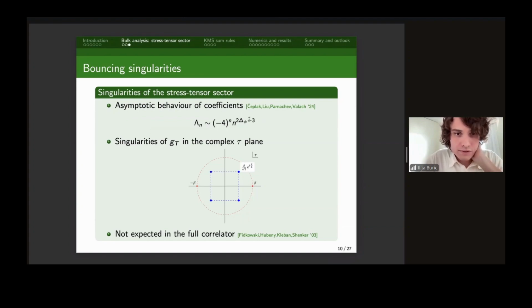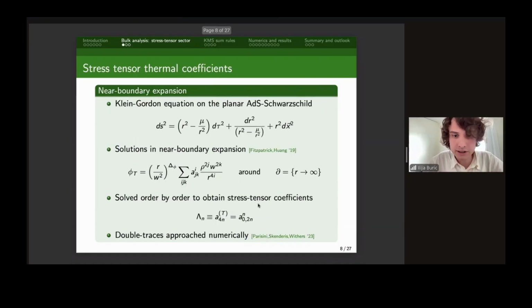So what was noted in this paper from last year was that when you compute a lot of these coefficients, so I didn't say, but a particular subset, these coefficients with indices n0 to n are the thermal coefficients of multi-stress tensors.